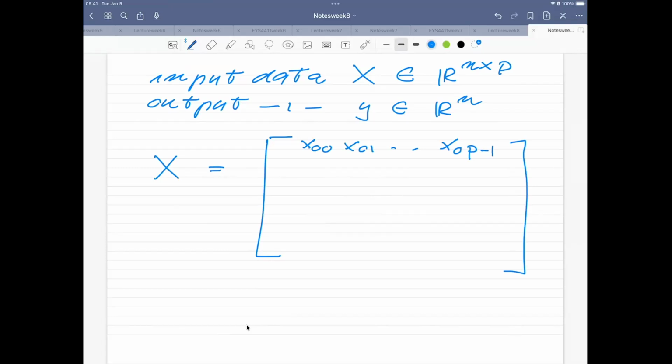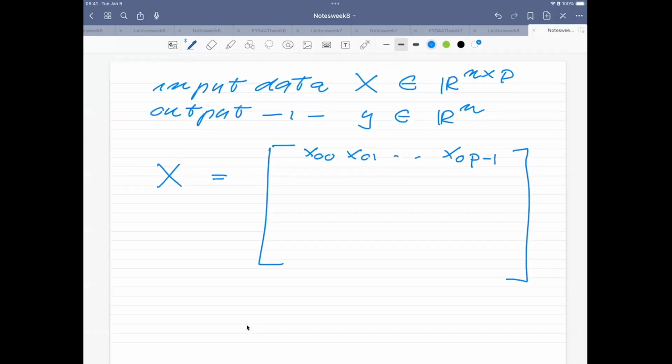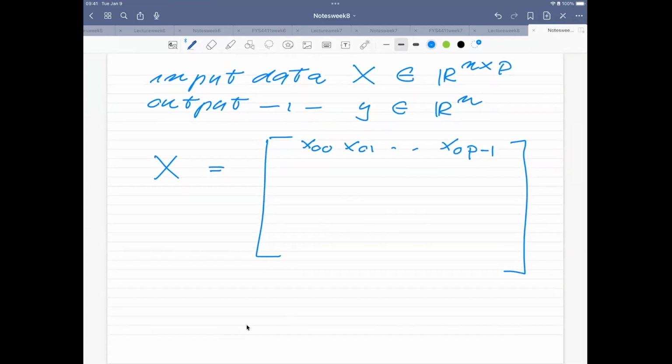So in case you're looking at, let's say, an example like credit card data, then each column represents a feature like the age of the credit card holder, the occupation, education, etc. And each row represents a data entry.